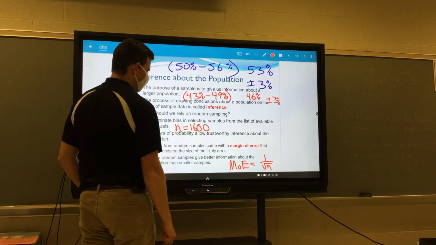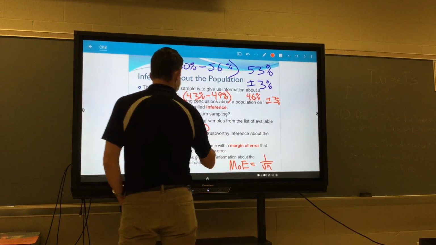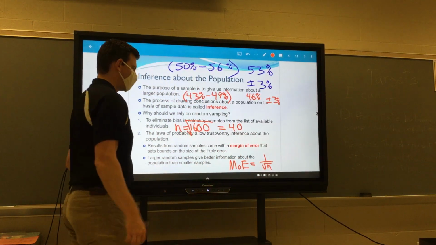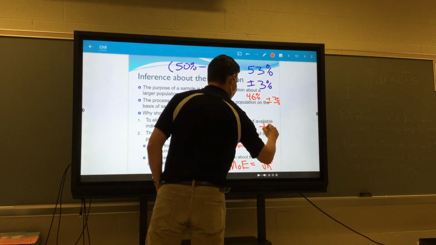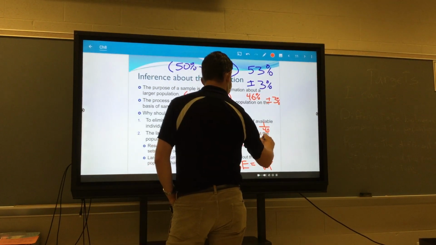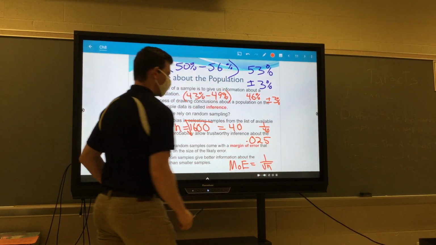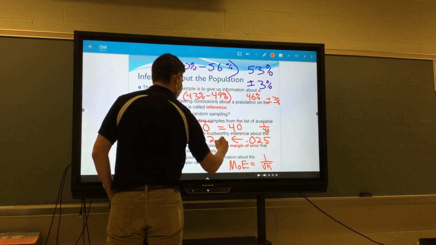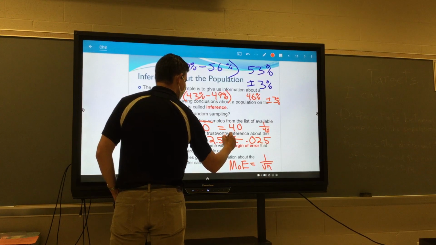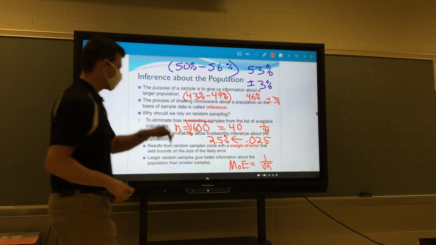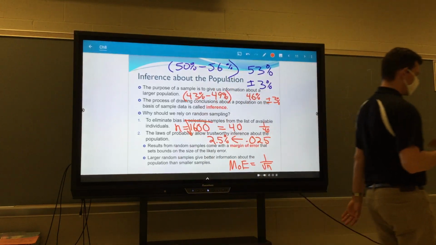So follow this equation. Square root of 1,600 is 40. And 1 divided by 40 is 0.025. We interpret that decimal as a percent. 2.5% margin of error from a 1,600 sample size.